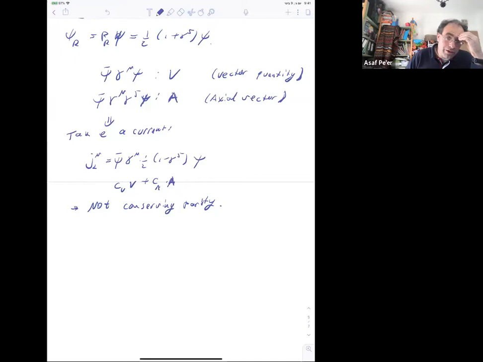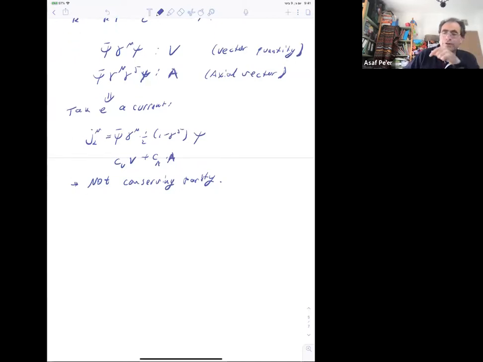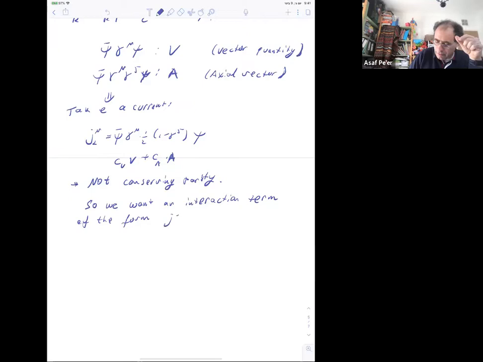So we can look for an interaction term which will have the form J coupled to the W. So we want an interaction term of the form J mu L W mu.